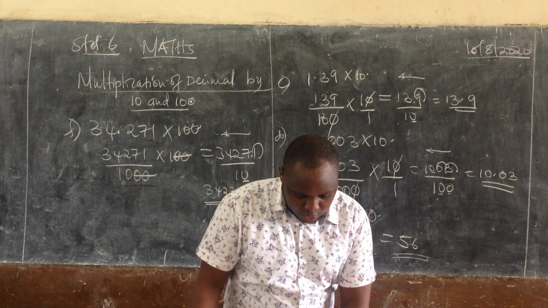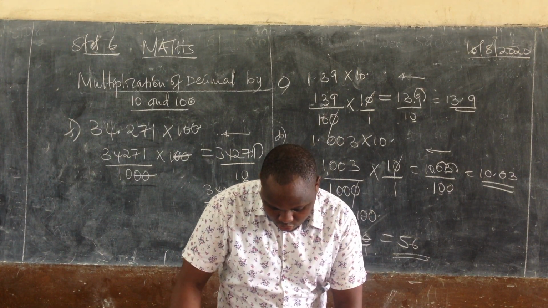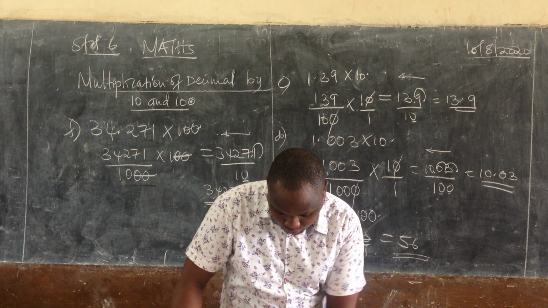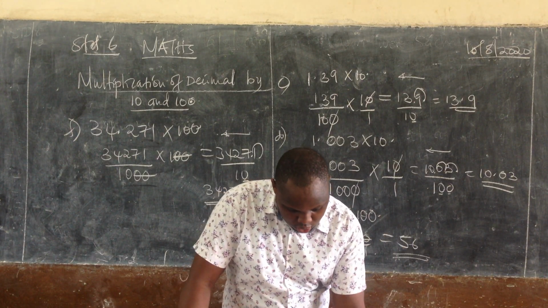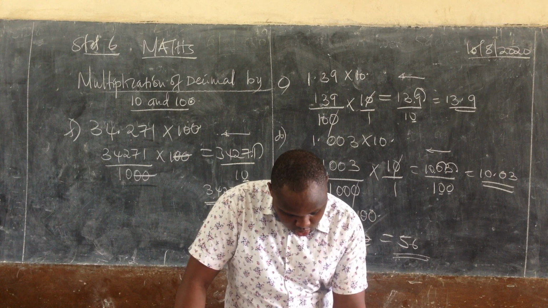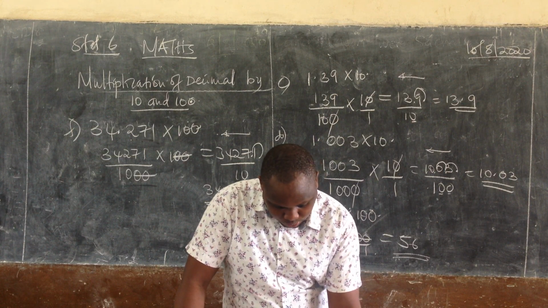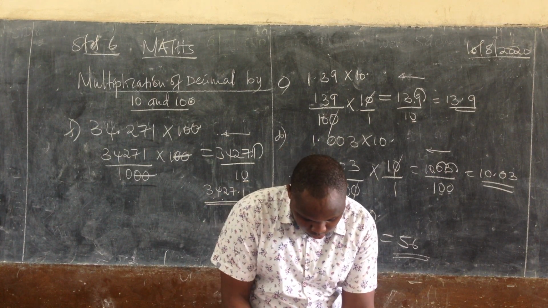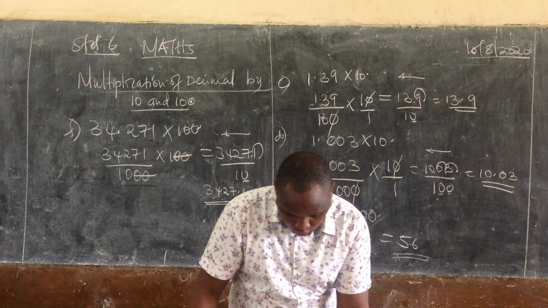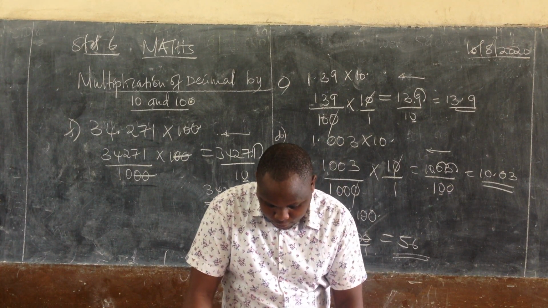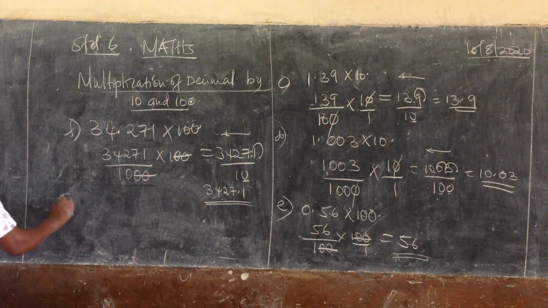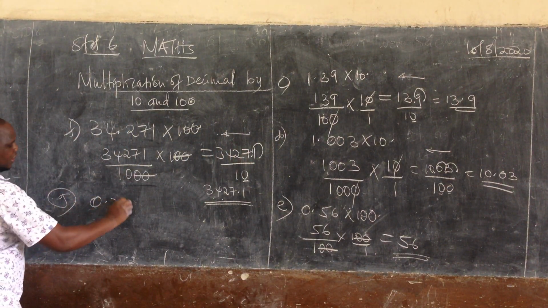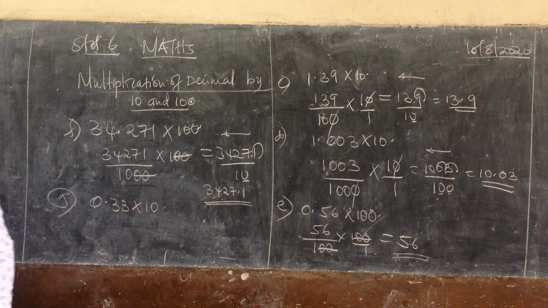Let me do the last one and give you work. We are given 0.33 times 10. Remember what I said?